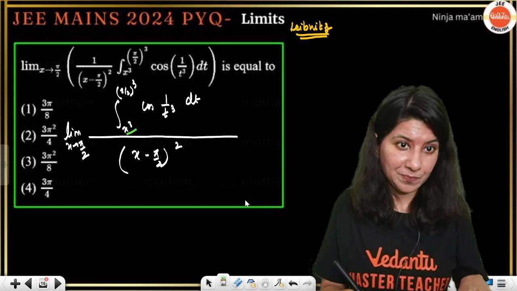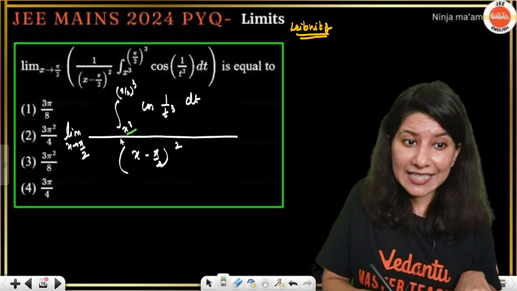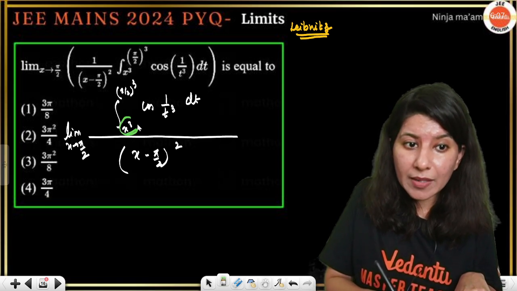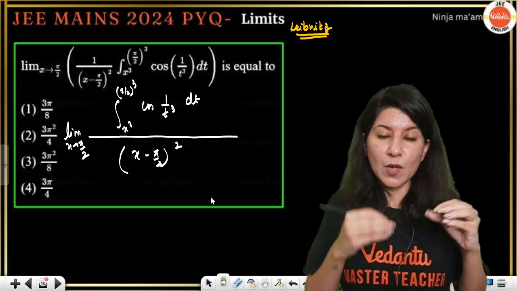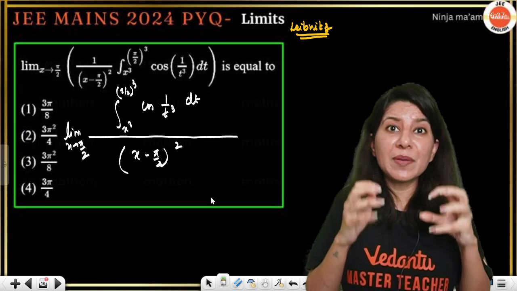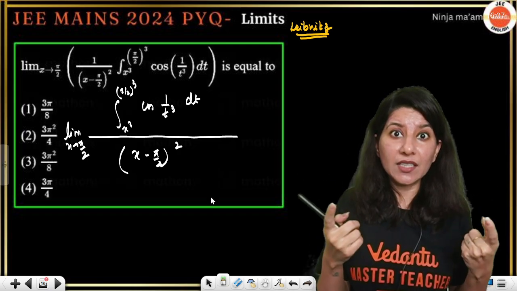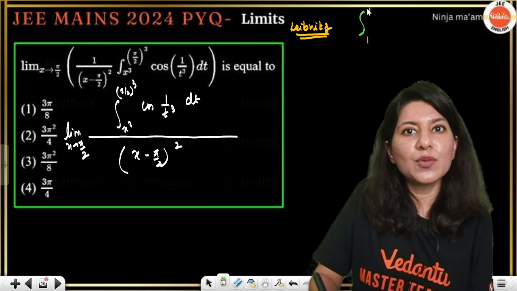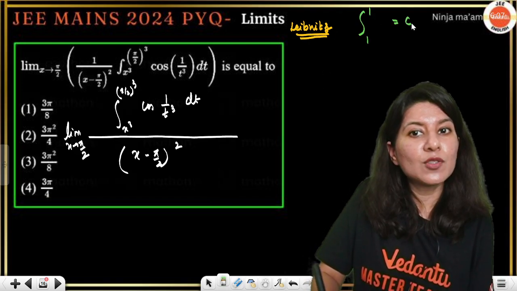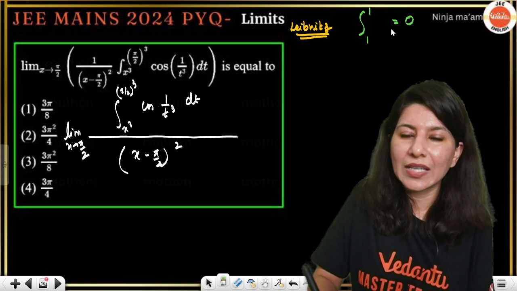Carefully observe. If you put x equals to pi by 2 in the lower limit and in the upper limit, both the upper and lower limit will become the same, which will lead to the numerator part 0. See, if you integrate any function whose lower and upper limit become the same, the value will become 0, right?